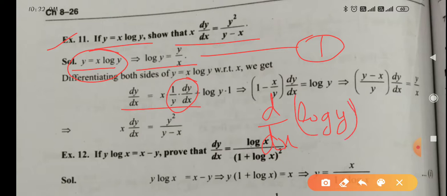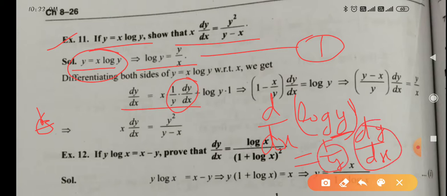So its differentiation will come 1 upon y, because it is natural log, but dy upon dx will also come, because if it was log x, then only 1 upon x would have come here, but it is not log x, it is y, and you are differentiating it with respect to x, so 1 upon y dy upon dx will come. This is the rule.